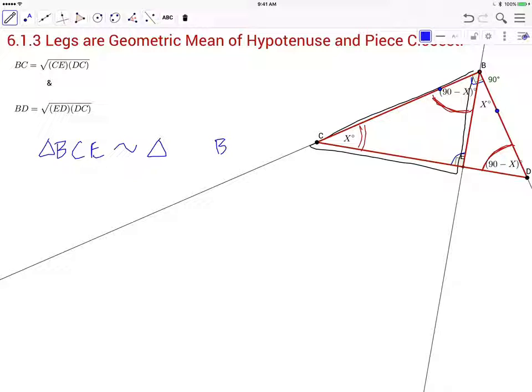The first angle, B, in the medium triangle is the 90 minus x angle, and so that corresponds to D. And C is common to both. You may have to take some time to see this one. This is a little bit difficult.